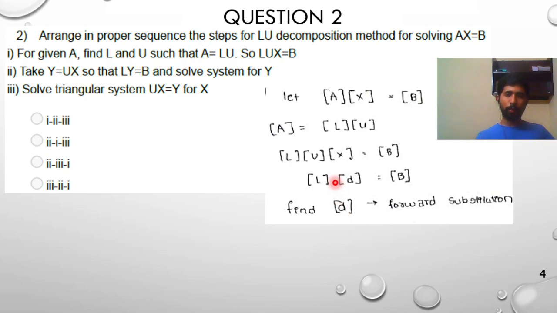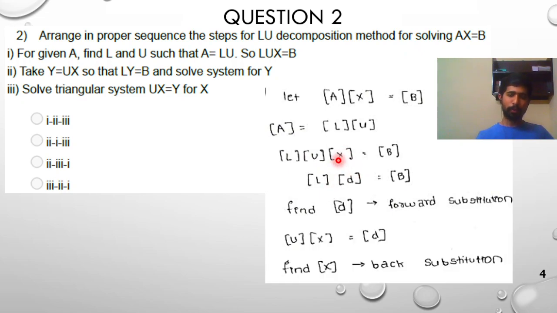Once we get D, it becomes very easy. What is D? It is U into X, so U into X is equal to D. U is upper triangular, so we use backward substitution. Then find X. That is the order of sequence given here.